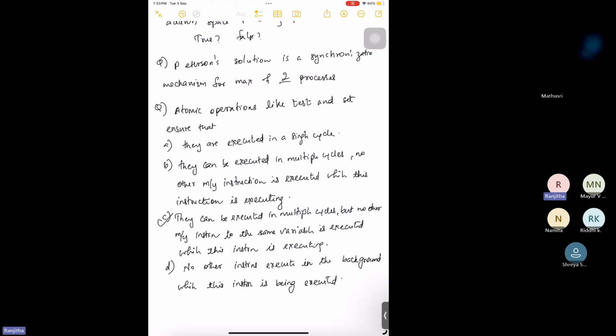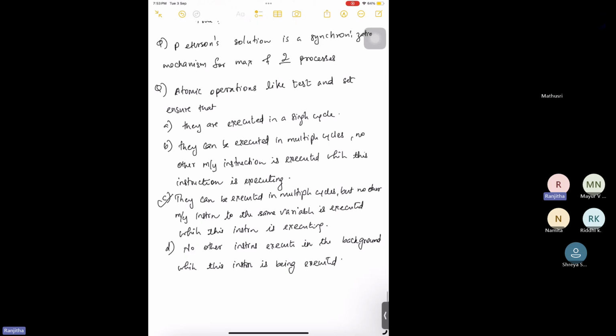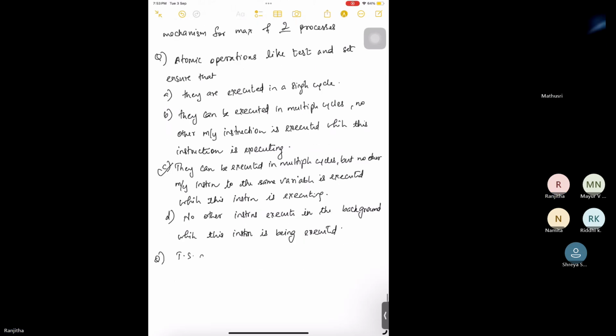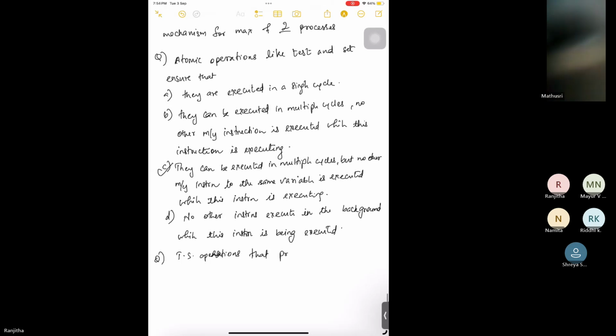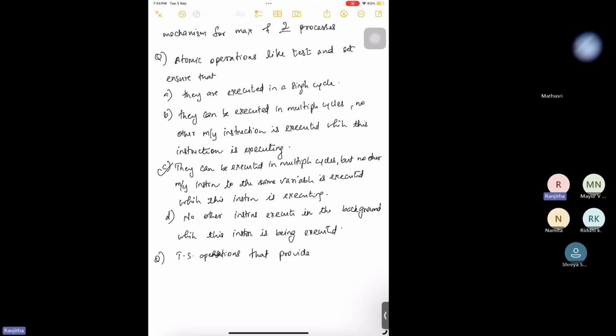Another question is on the test and set operation.